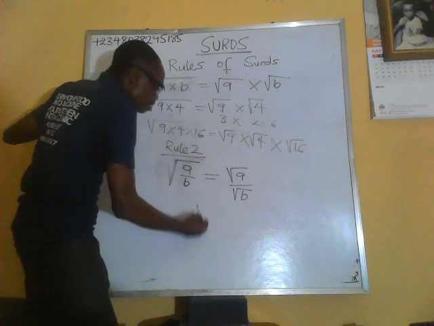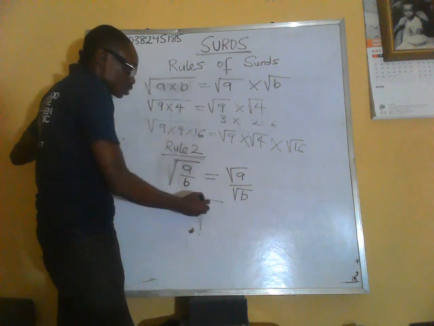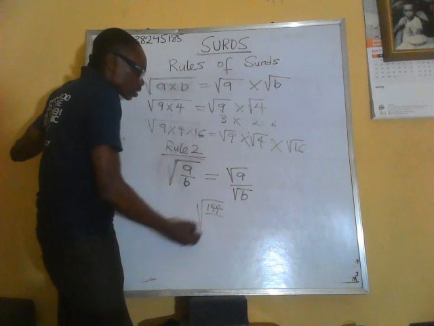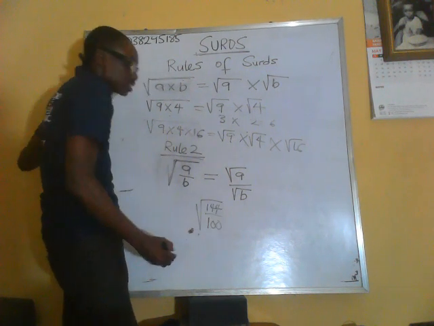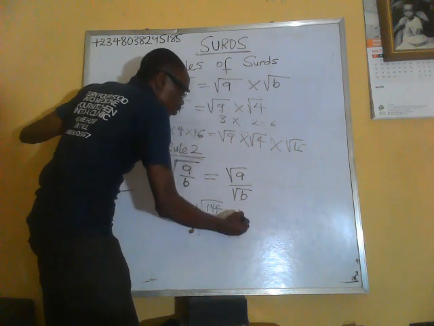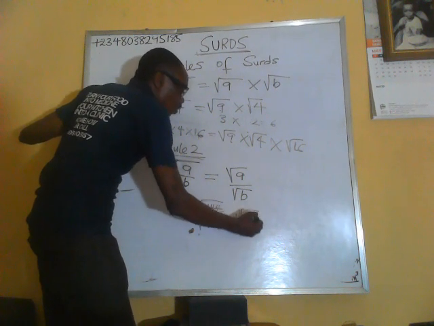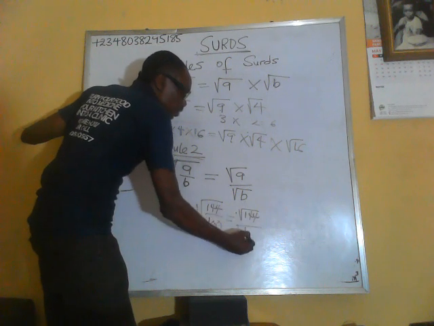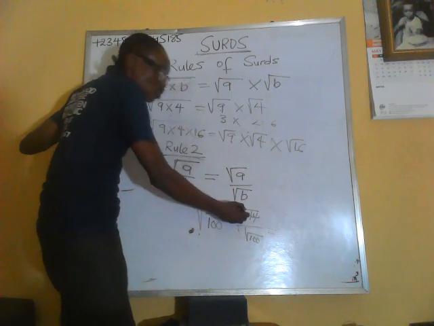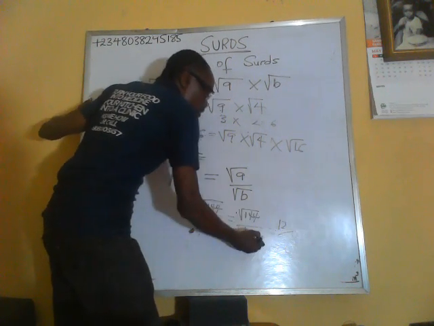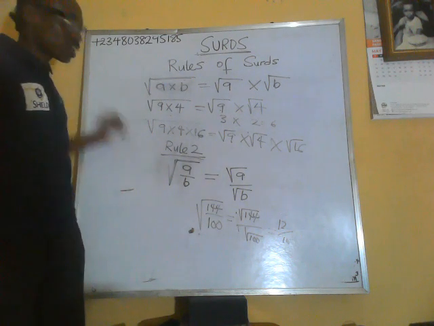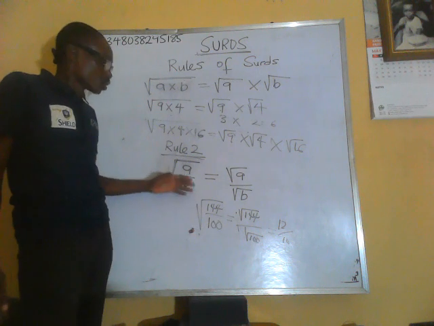Such that if you have root of 144 over 100, this can be separated into root 144 over root 100. Square root of 144 is 12, square root of 100 is 10, and you can go ahead and simplify further. So this is rule 2.